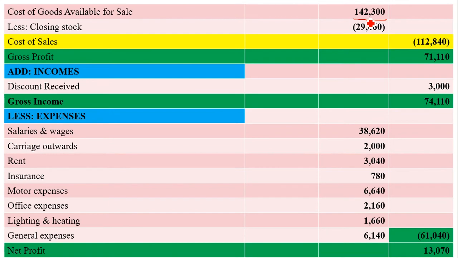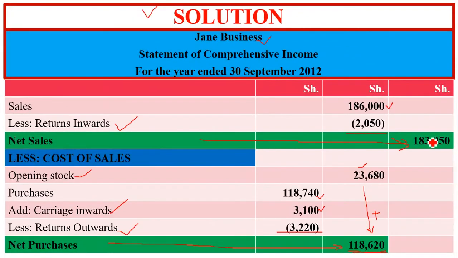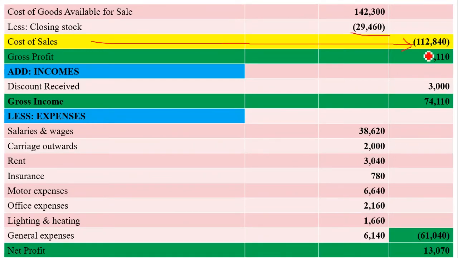So from the total here, you're going to less the cost of the closing stock. Then you get your cost of sales, and cost of sales is subtracted from the net sales. So you take the net sales here, then you minus the cost of sales, which is 112,840.